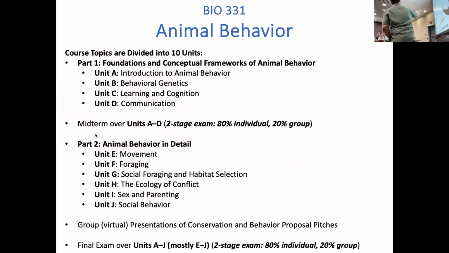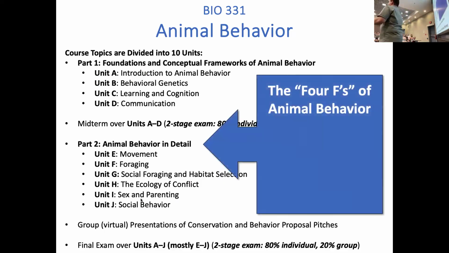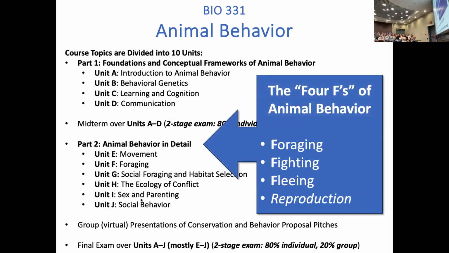All right. So how's the course organized? Basically, we separate it into these two groups. Pre-midterm, it's sort of the foundations here. So we're going to talk about the introduction to animal behavior, Tinbergen's 4, things that I was kind of hinted at already, foundations of communication and learning. And then we take all those foundations and apply them to these more advanced cases, which really cover the 4 F's of animal behavior: foraging, fighting, fleeing, and reproduction.